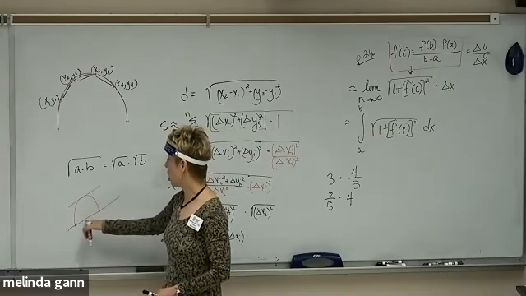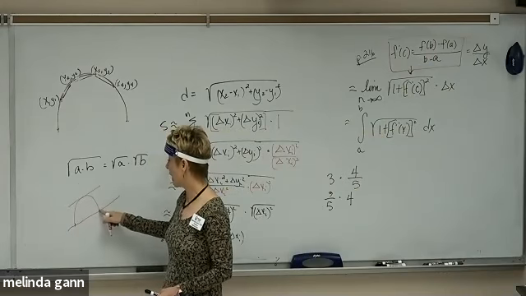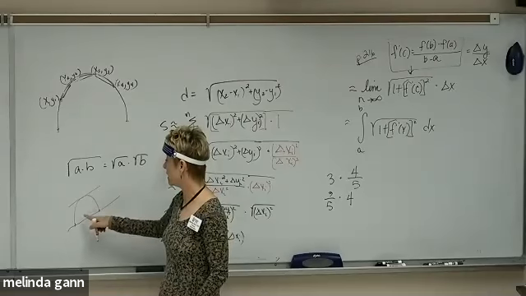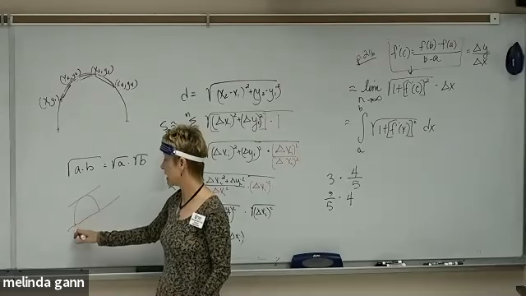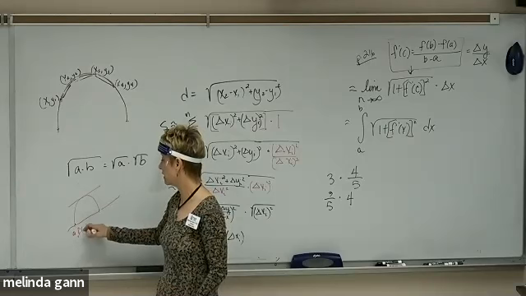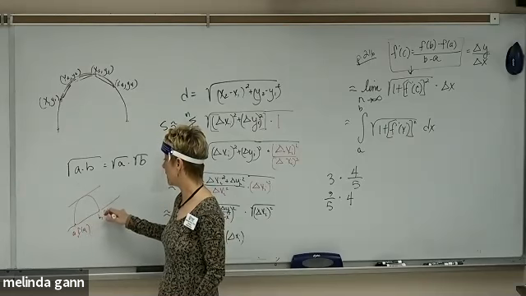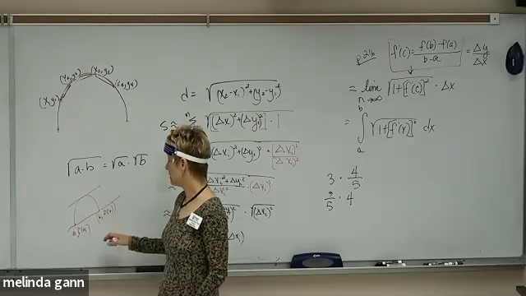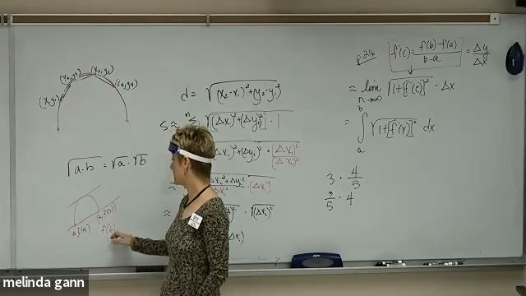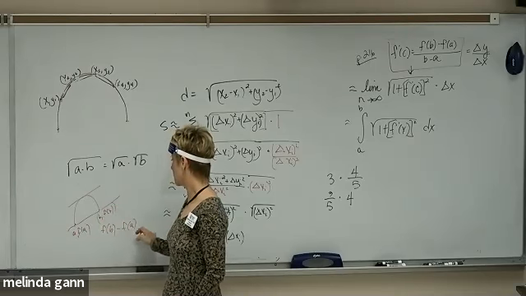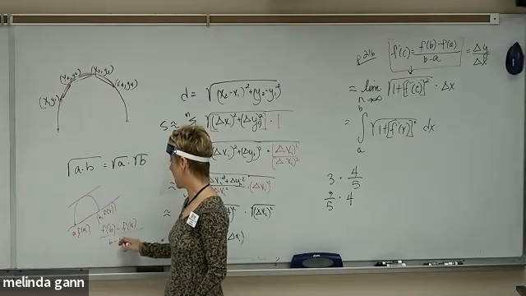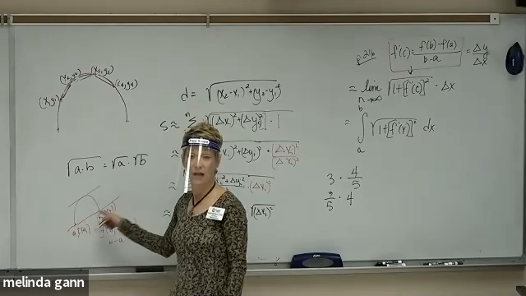So the slope of this one would be f of B minus f of A over B minus A. If that's A, f of A, and that's B, f of B, then the change in Y over the change in X, wouldn't that be the slope of the tangent line?